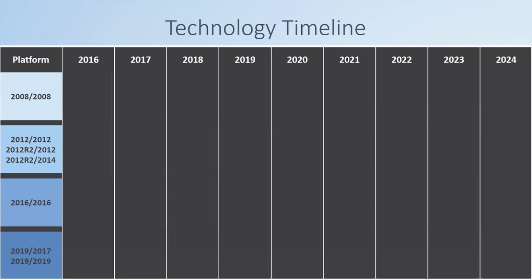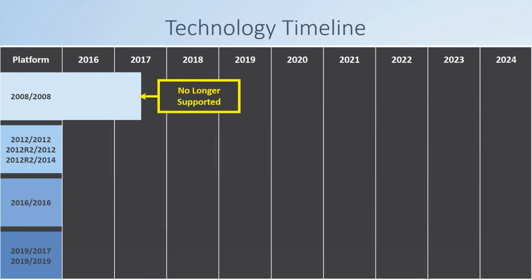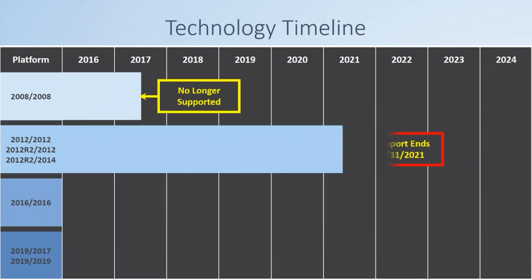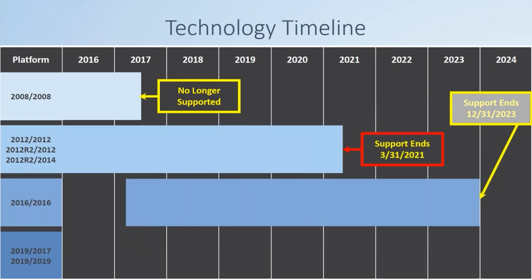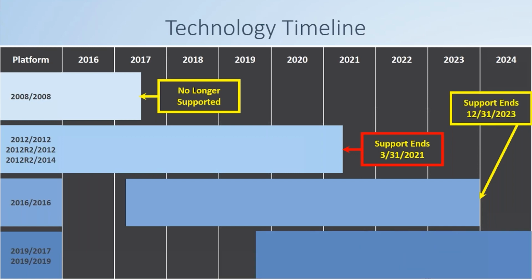Here is a visual chart for this support: the combinations of platforms that we no longer support, as well as the extension to the 2012 combinations that we still support, the 2016 end date for support, and our new support of Windows Server 2019 and SQL Server 2017 combination, as well as Windows Server 2019 and SQL Server 2019 combination.